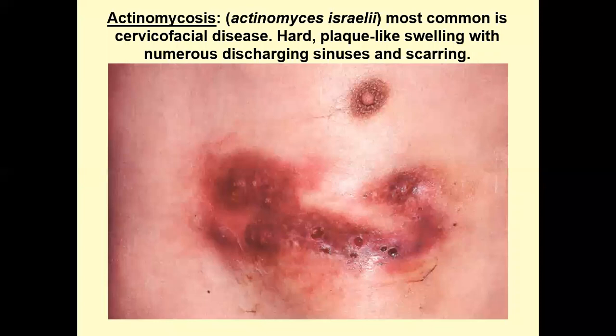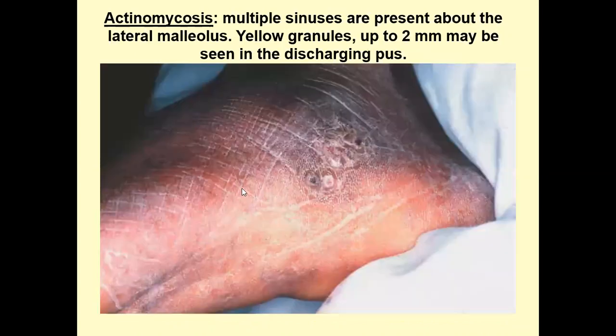Actinomycosis. Actinomycosis presents as multiple sinuses and plaques on different areas of the body like the jaw, pelvis, and abdomen, and is mostly characterized by cervicofacial disease, a hard plaque-like swelling with discharging sinuses.